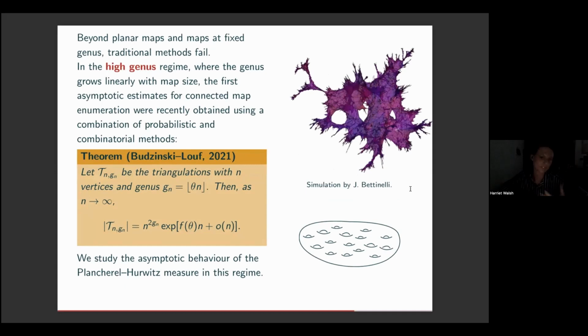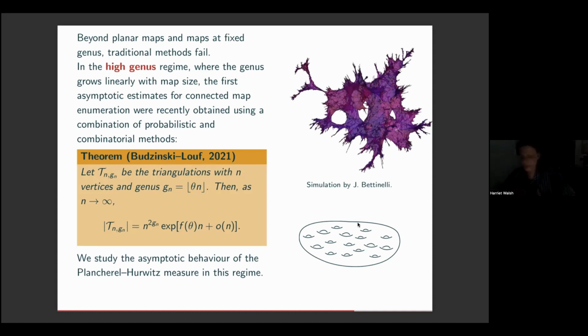that they were able to get the first enumerative estimates for the number of such maps, which is also e to the little o of n, in a case where the genus grows linearly with the number of vertices.